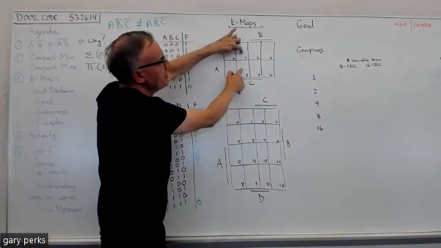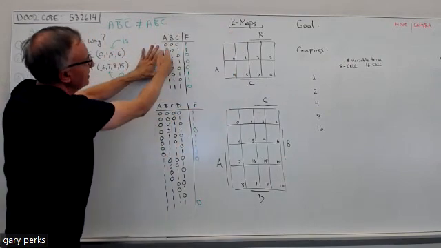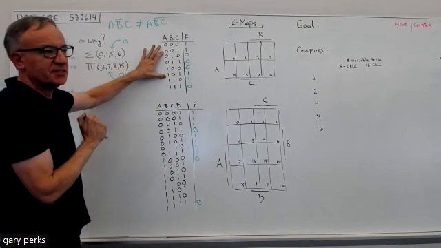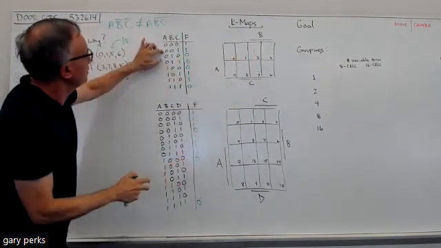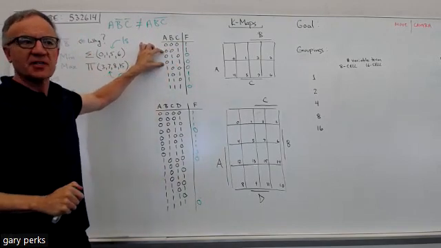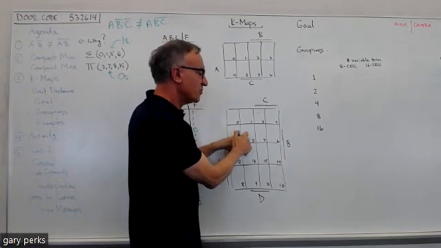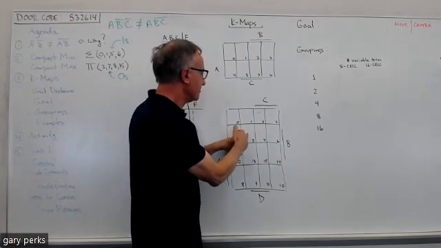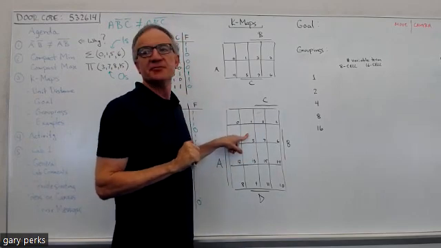If I compare 1 to 5, there's only a 1-bit difference. If I compare 1 to 3, again, there's only a 1-bit difference. That's true of any cell you look at. If you compare it to the cell to the right, left, up, or down, you're only going to see a 1-bit difference.